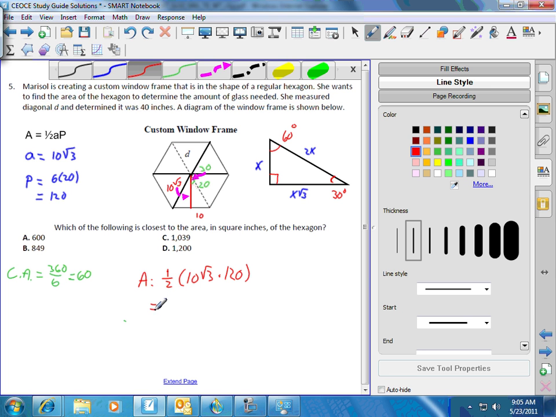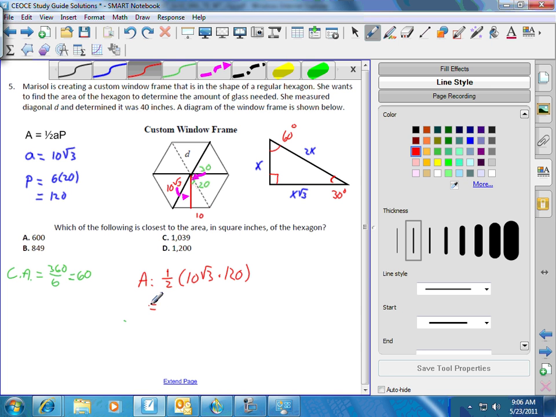So when we use our calculator, we're going to estimate here. I'm going to do 10 square roots of 3 times 120 times 0.5, and I get 1,039.2 square inches approximately.